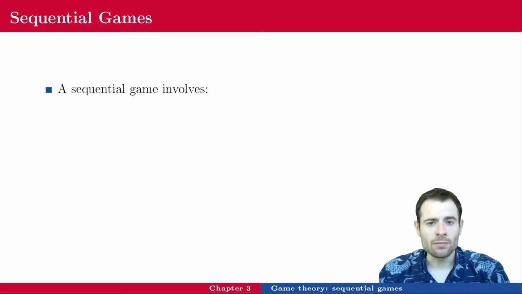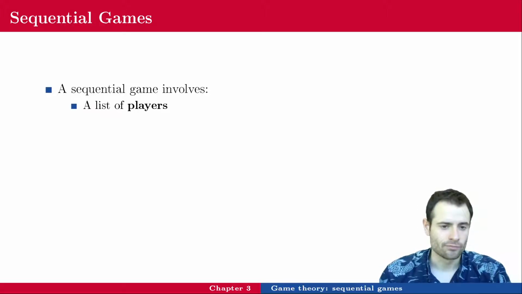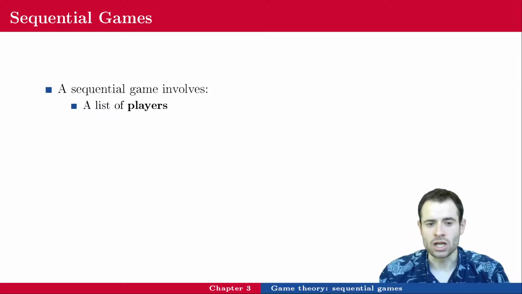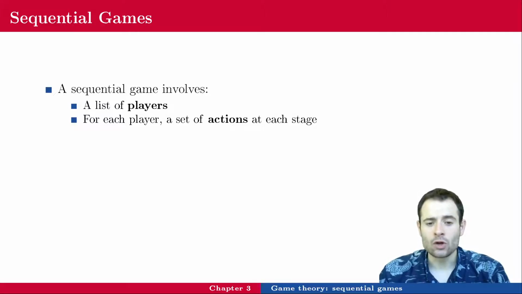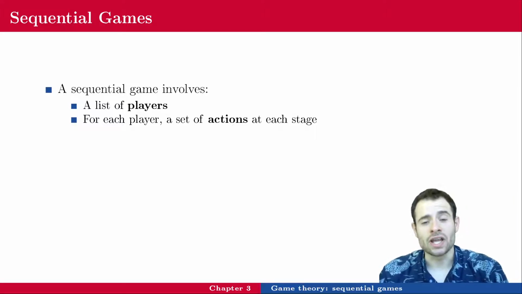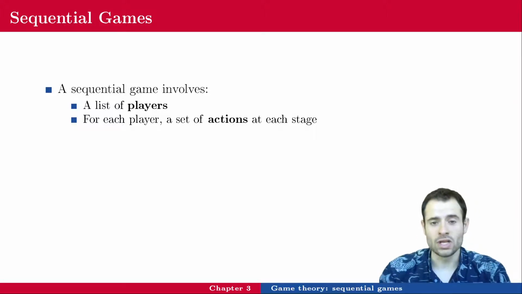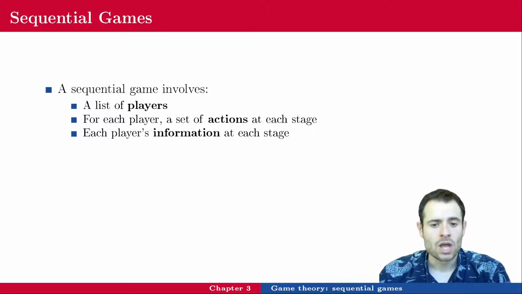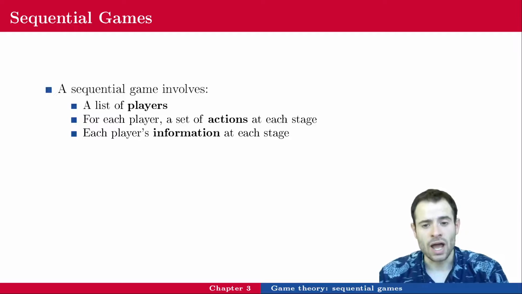So a sequential game involves pretty much the same things as a simultaneous moves game, but some notions have to be refined. A list of players that doesn't change. For each player, a set of actions at each stage. So every time it is their turn to play, we need to report what are the actions that are available. Each player's information at each stage.